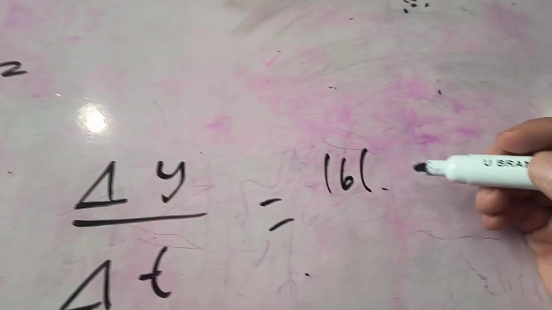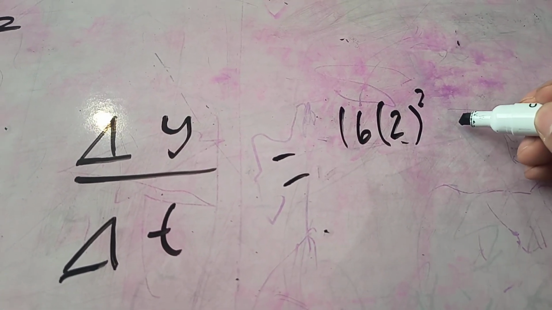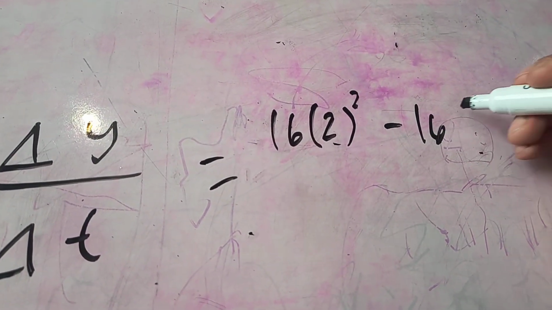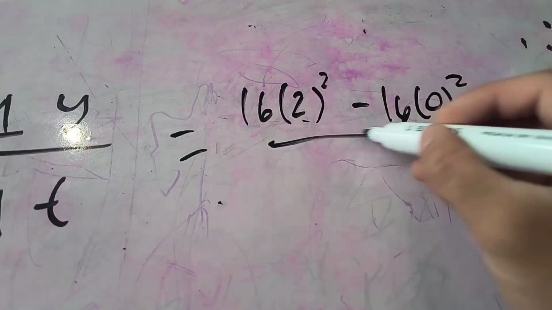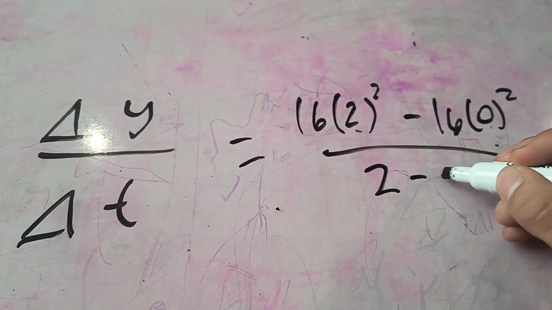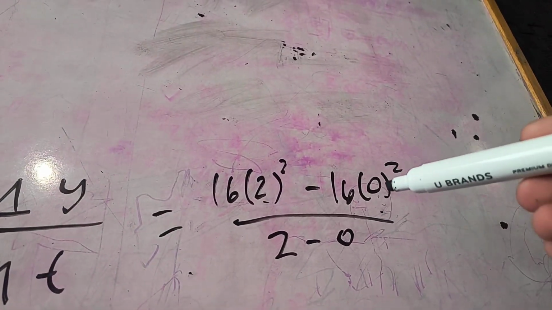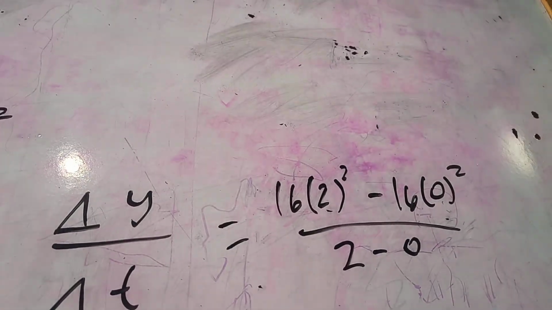Let's say we were to do it over 2 seconds: 16 times 2 squared, minus 16 times 0 squared from the point where it started, which was 0 seconds, over the change in time, which is 2 minus 0. Because it went from a rest state of 0 seconds, where it wasn't falling at all, to having been falling for 2 seconds.